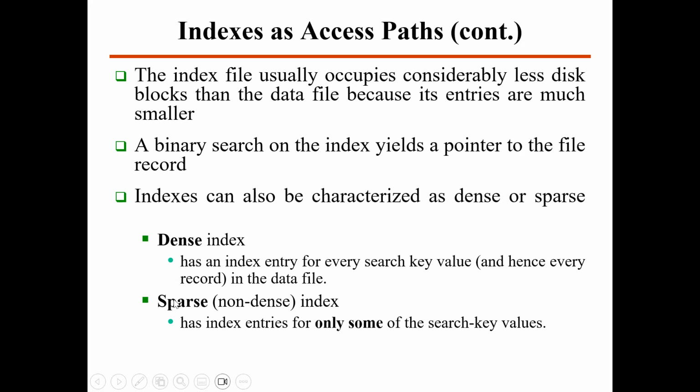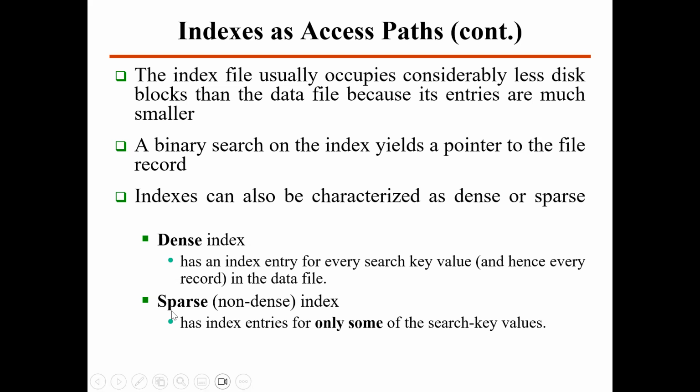For example, you have a data file and an index file. Each entry in the index file is linking one record in the data file. So if you have 1,000 records in the data file, you're going to have 1,000 entries in the index file. This is called dense.